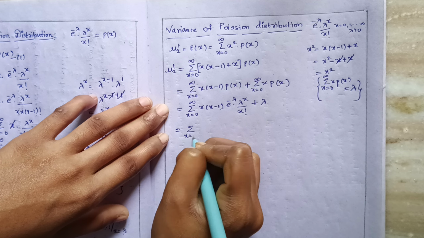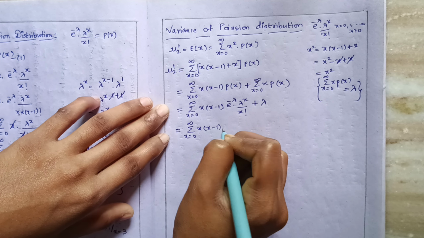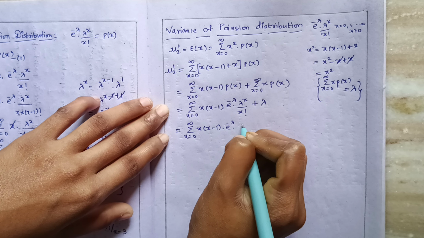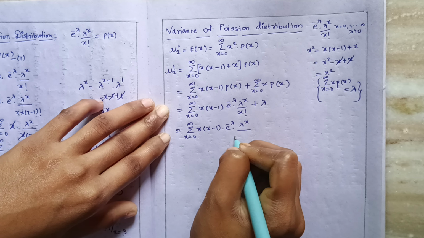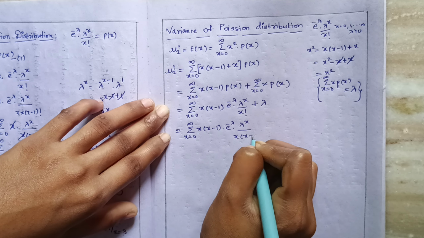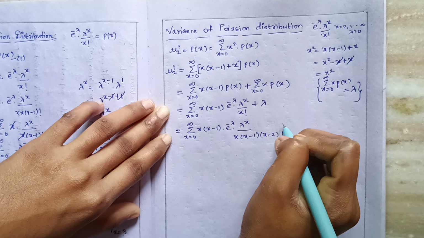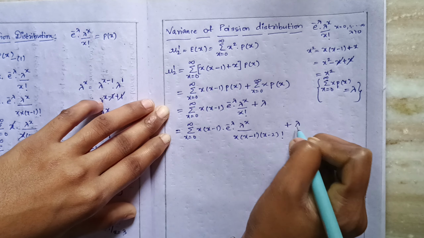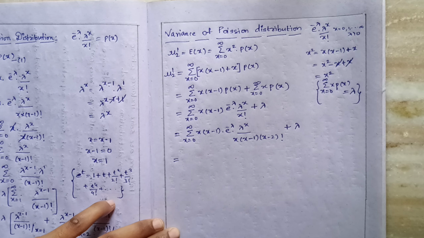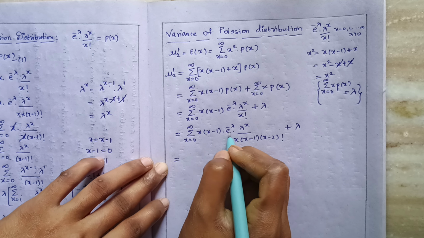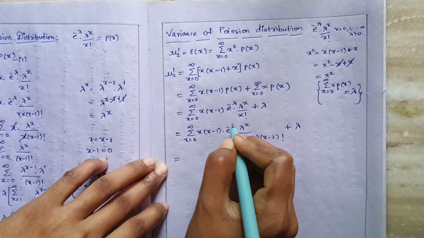Therefore summation x is equals to 0 to infinity x into x minus 1 e to the power of minus lambda into lambda to the power of x by, I can write this x factorial as x into x minus 1 and x minus 2 factorial, plus lambda. Here e to the power of minus lambda is constant because there is no x term in this.